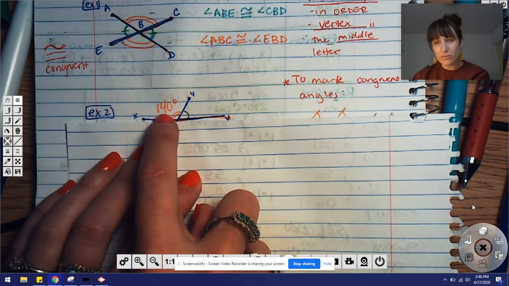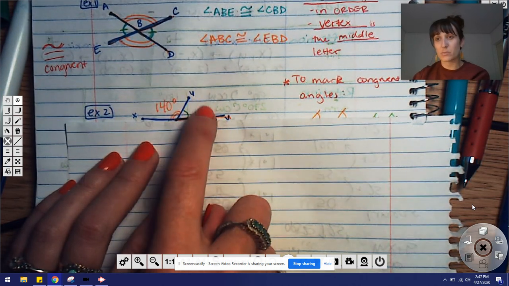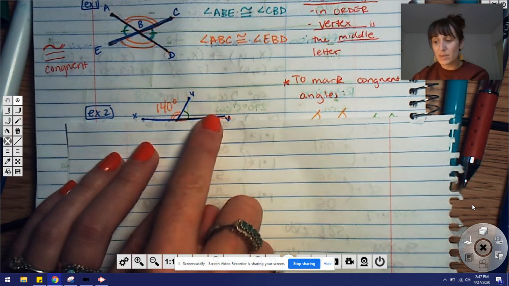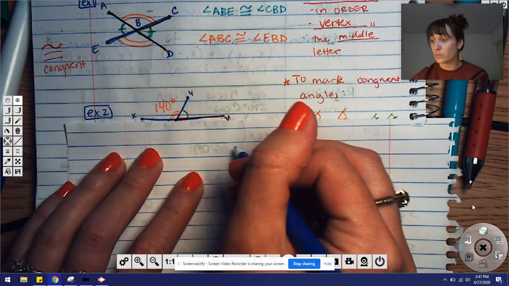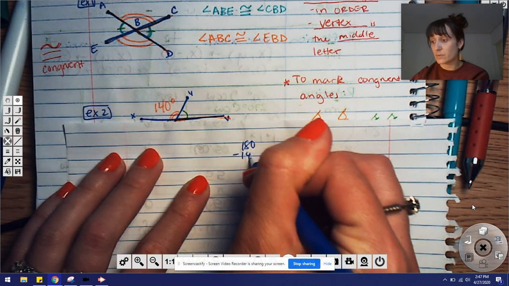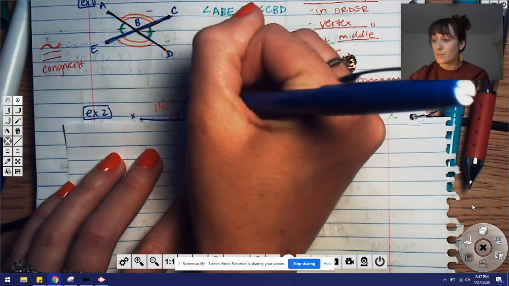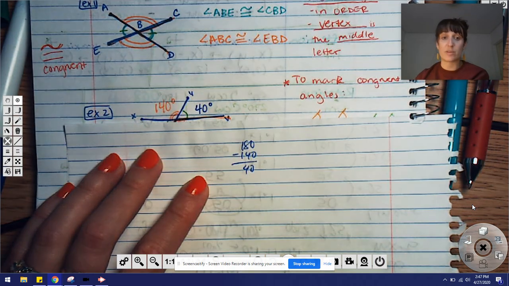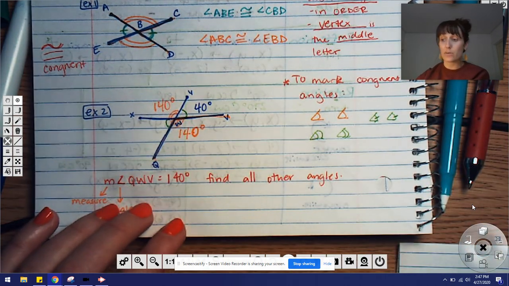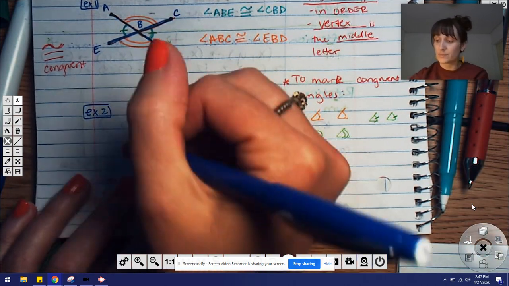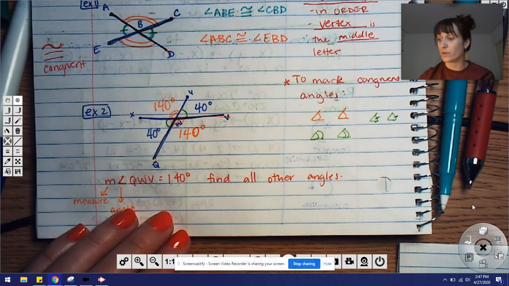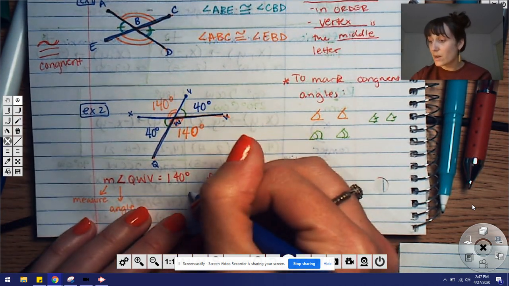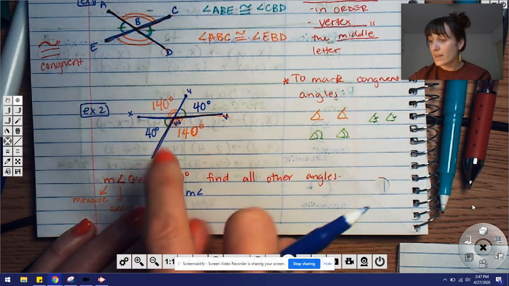So 140 plus what gives me 180? Well, 180 minus 140. That means this angle measure is going to be 40 degrees. Now thinking about my bow tie angle, I know that this one is also going to be 40 degrees because they are congruent.